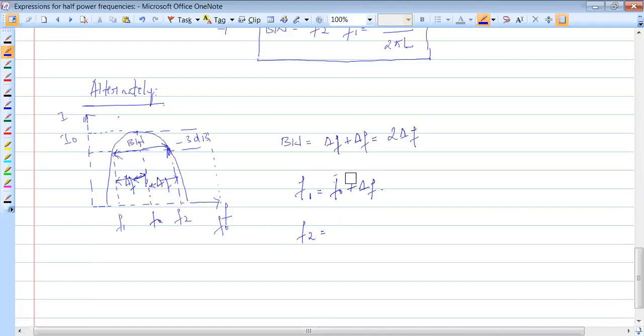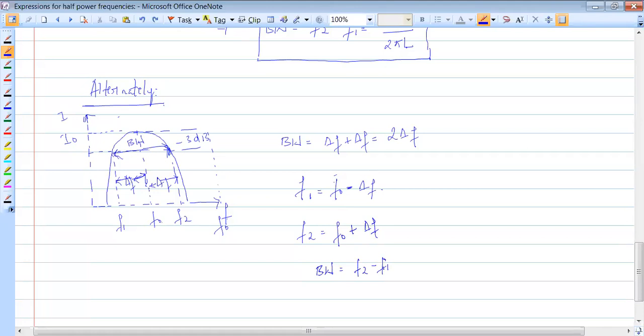F naught minus delta f would give you f1. Similarly, f naught plus delta f would give you f2. So if you know f1 and f2, the bandwidth would obviously be f2 minus f1. So this way also you can find out your bandwidth.